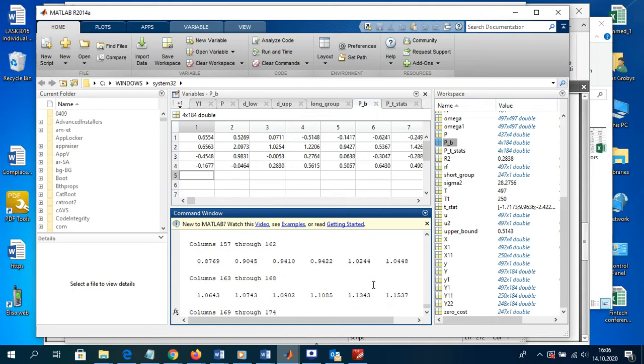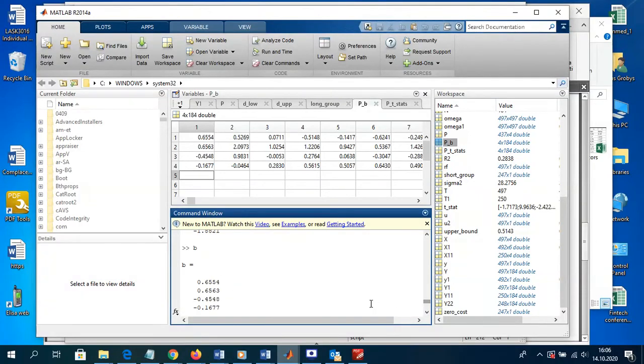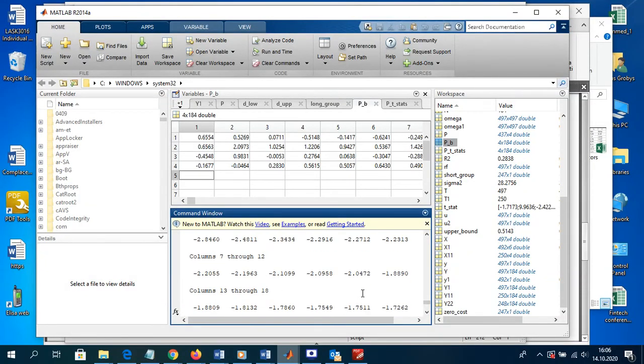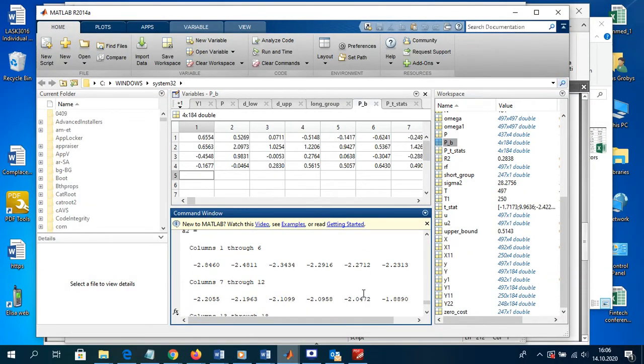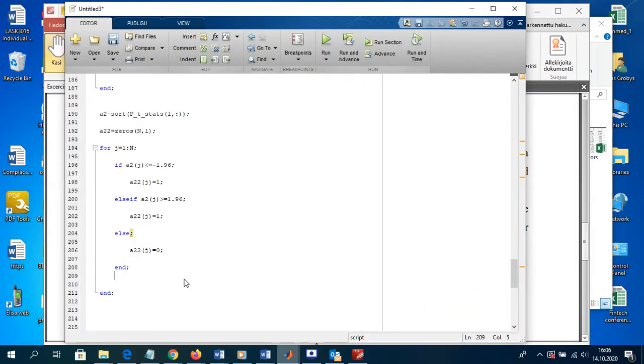Now we have to calculate how many values have a t-statistic below minus 1.96, and this is 1, 2, 3, 4, 5, 6, 7, 8, 9, 10, 11. 11 plus 5 is 16. So this is what comes out.